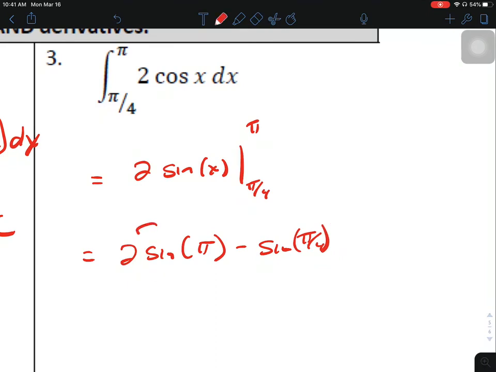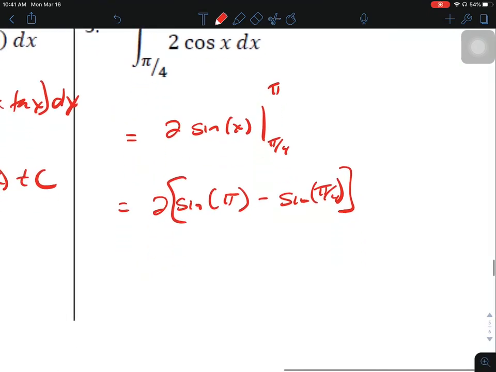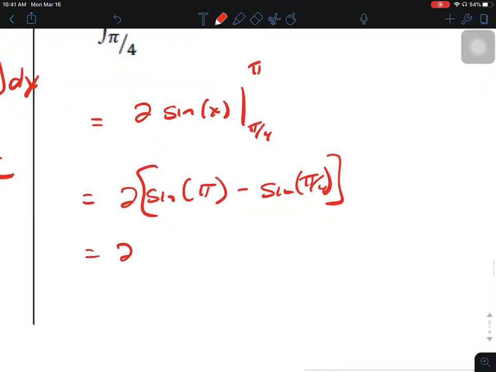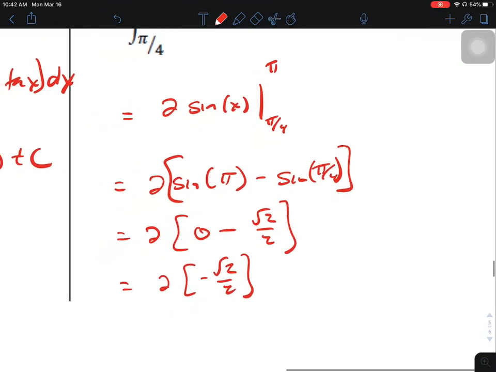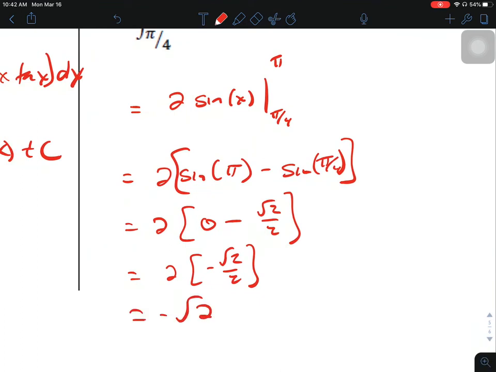Change these outer ones to brackets. Sine of pi is 0. Sine of pi over 4 is square root of 2 over 2. So this is 2 times negative square root of 2 over 2, which is negative square root of 2.